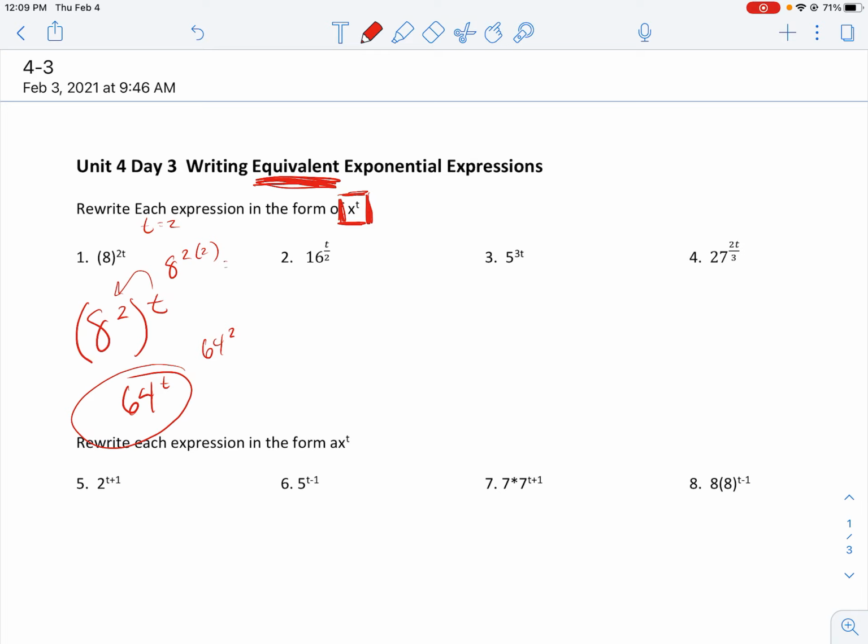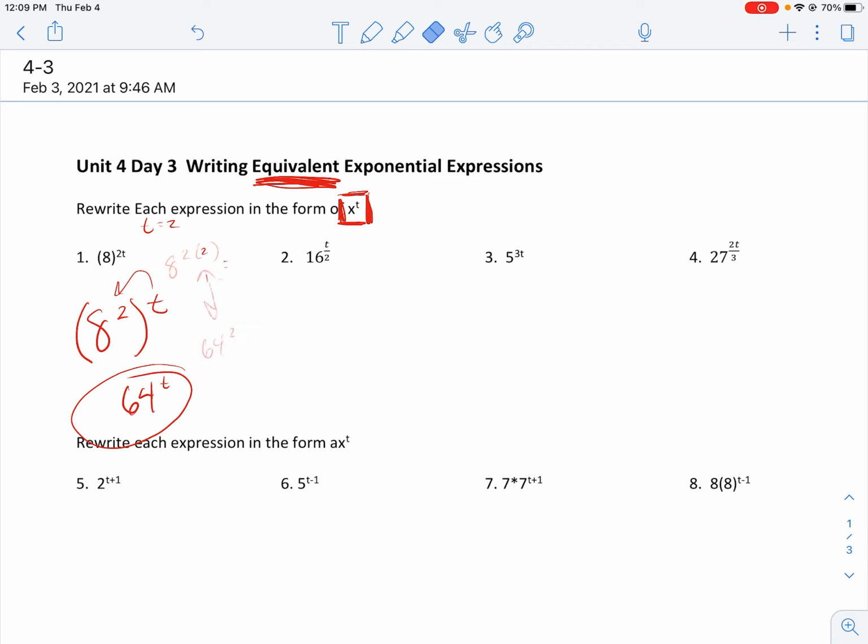Well, this one's going to be 8 to the 4th power, which I don't know off the top of my head. Hold on a second, let me grab my handy-dandy calculator. All right, so 8 raised to the 4th power is 4096, and 64 squared is 4096. So again, these are the same expression.